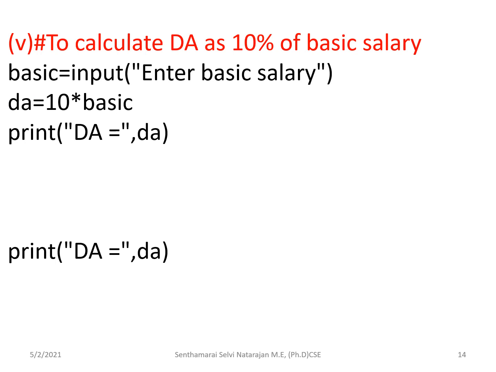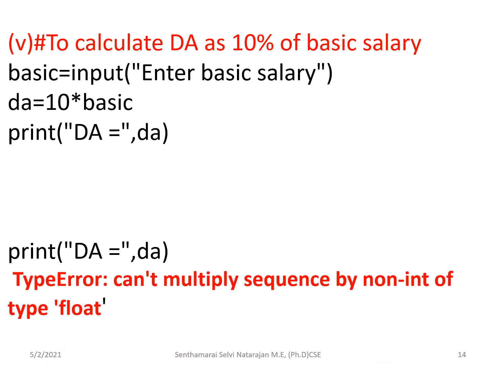Next is to calculate the DA based on 10% of the basic salary. Here they are asking for, first, the basic salary, and here int is left out, that is one error. Again for DA, they asked for 10%, but here only 10 is given, so you should calculate 10%. And the error it specifies is a type error: you can't multiply the sequence by a non-int type of float.